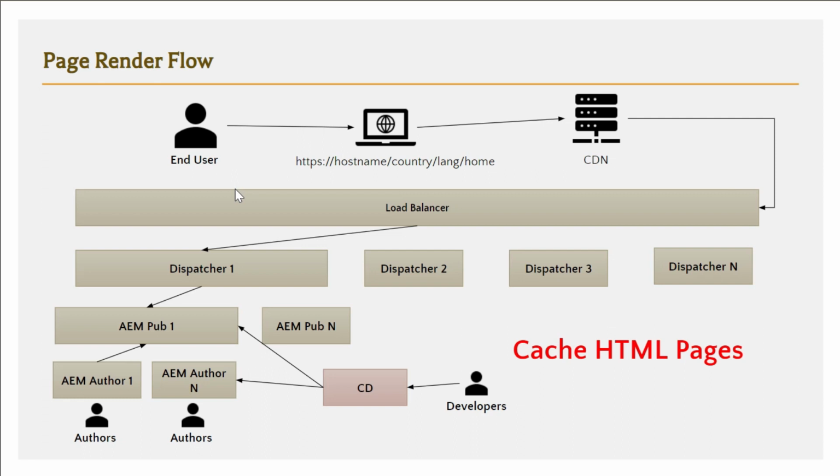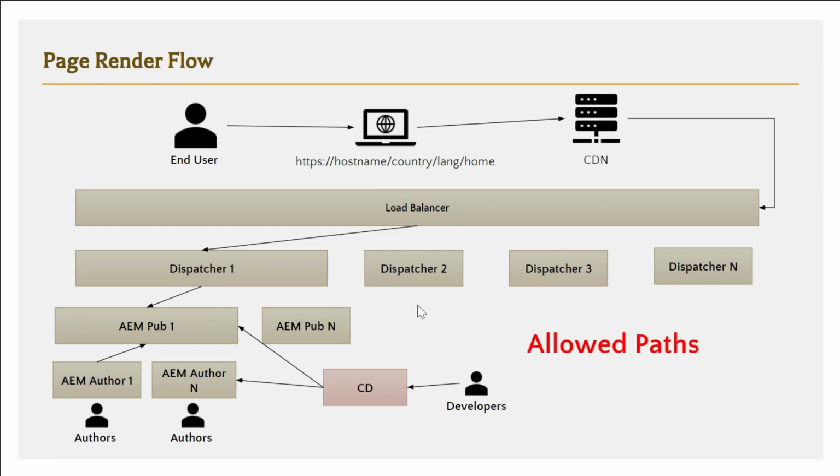Instead of doing all that, once the page is generated for that particular path, we are going to cache that HTML page as part of the dispatcher, so that the request can be directly served from the dispatcher itself. So the cached HTML pages will directly be sent to the end user instead of hitting the AEM publish instance. That is the first purpose of the dispatcher.